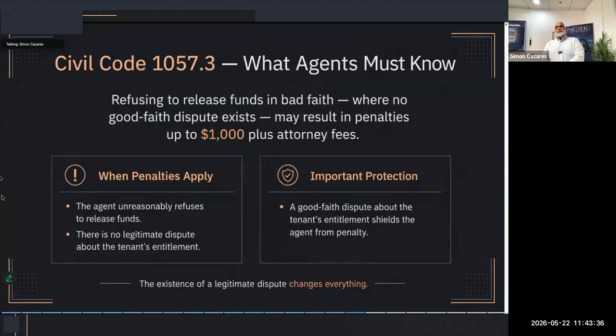I agree. I would say $5,000 should be the norm. Wow. That'll put a fire on someone. Again, it's for no reasonable reason, no good faith dispute. Well, I still think $1,000 is a lot of money in my opinion. But you're right, Dave.